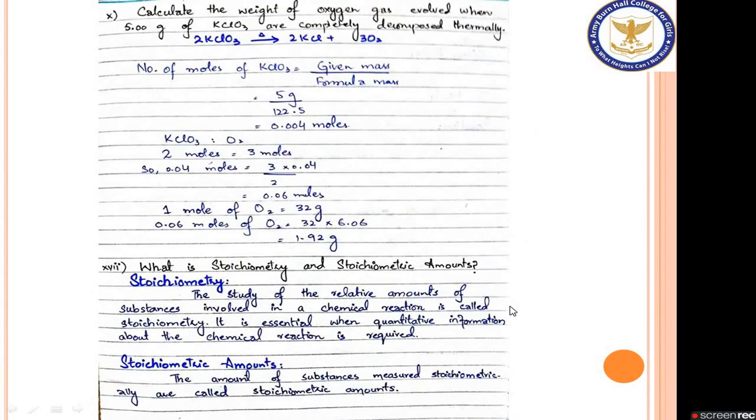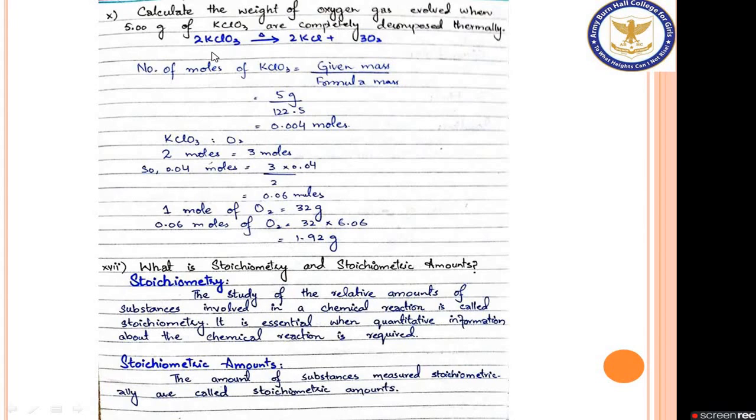Next we have part 10. Calculate the weight of oxygen gas evolved when 5 gram of potassium chlorate are completely decomposed thermally. The balanced chemical equation we have to write first: upon the thermal decomposition of potassium chlorate, we will have the formation of potassium chloride plus oxygen.